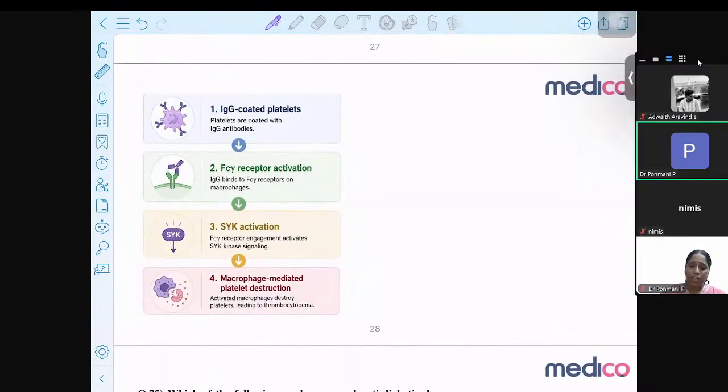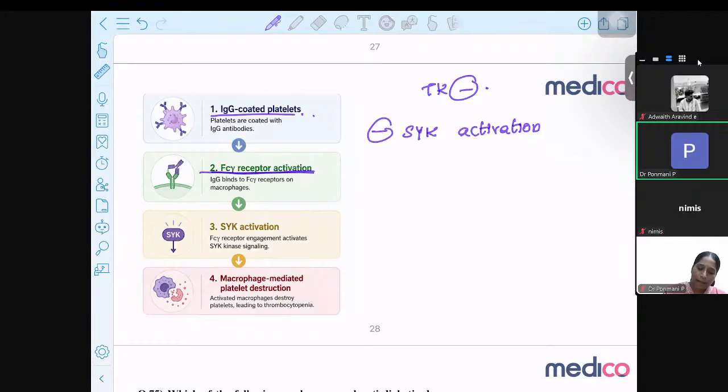And what is this fostamatinib? Fostamatinib is going to inhibit the SYK activation. I already said it is a tyrosine kinase inhibitor, right? So what is happening? The IgG-coated platelets bind to the Fc receptor on the macrophages.